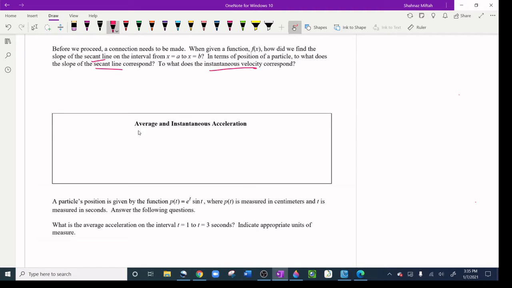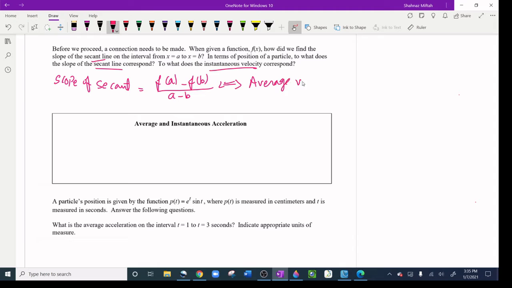So we already know that the slope of secant, I already told you that, is equal to f of a minus f of b over a minus b. It means it goes both ways. Average velocity.